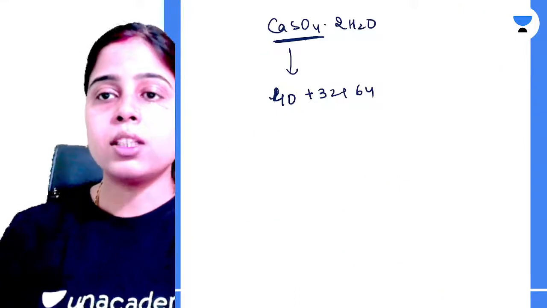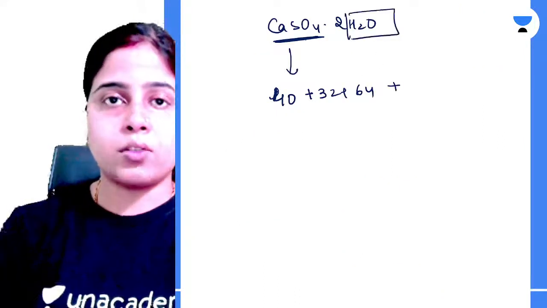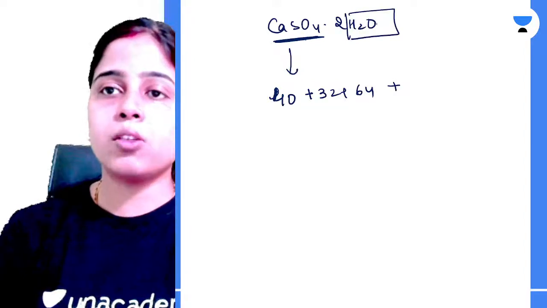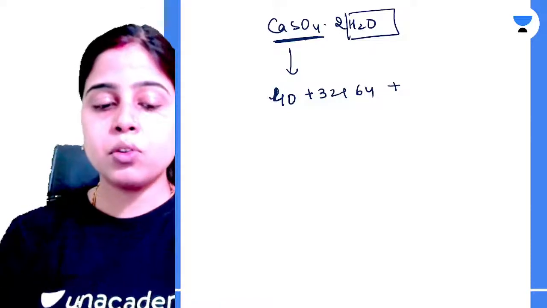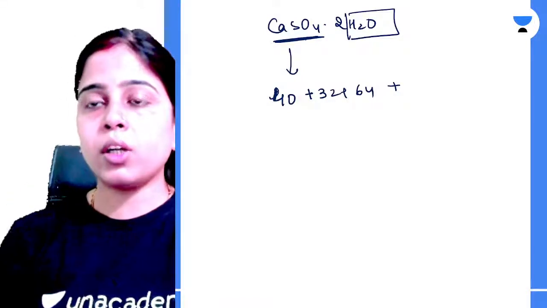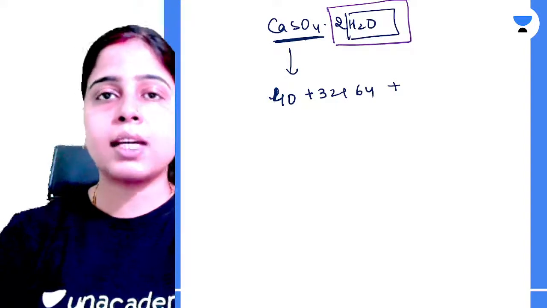So here you can see 16 plus 64 plus this is your water molecule, and you have 2 molecules of water attached to your calcium sulfate. That means if you know the molecular mass of a water molecule, you multiply it by 2 and you get the molecular mass of this entire unit.